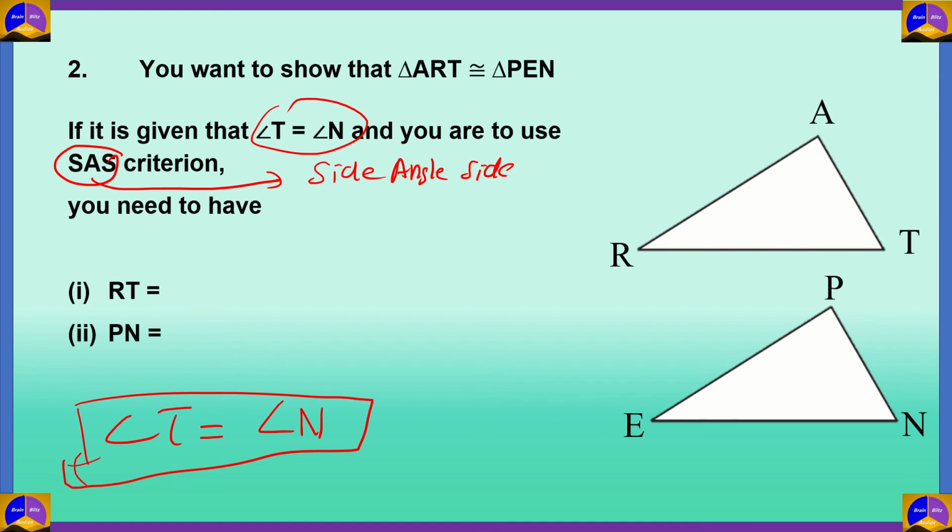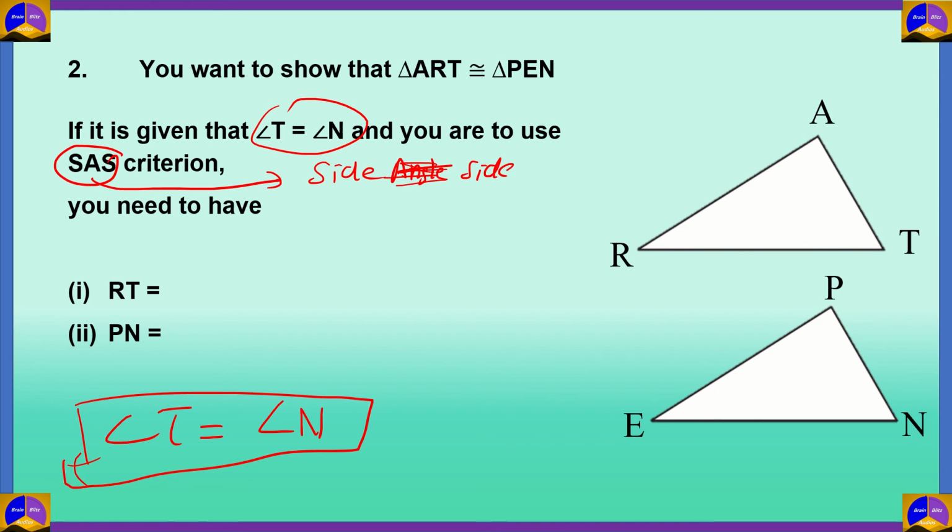So that means we look at the statement given. It's angle T is equal to angle N. So clearly they have given the angle. What we have to find is the two sides, and those are the two questions given.